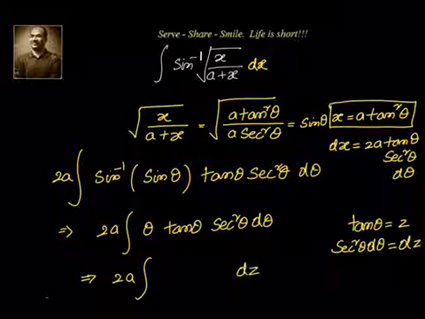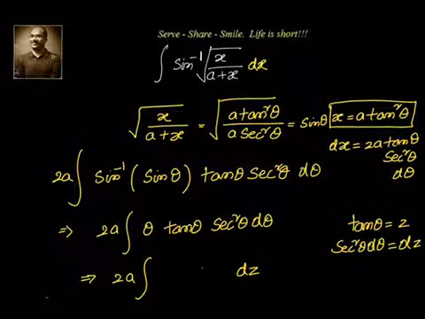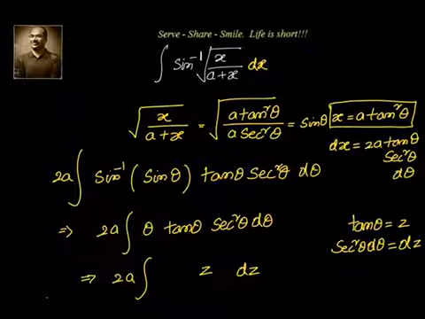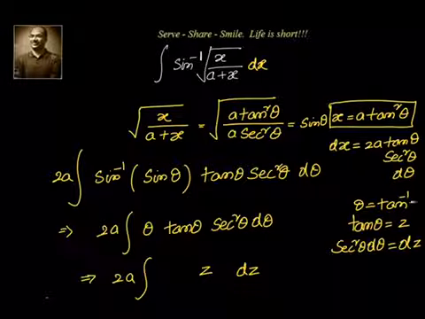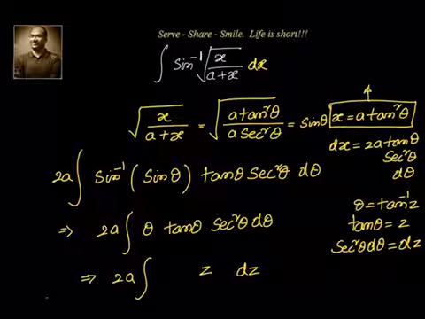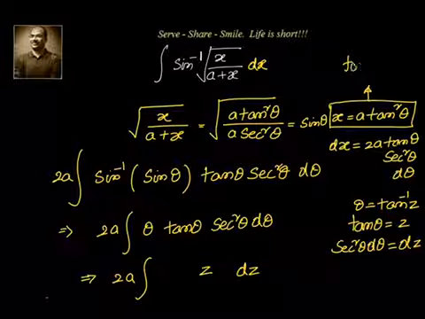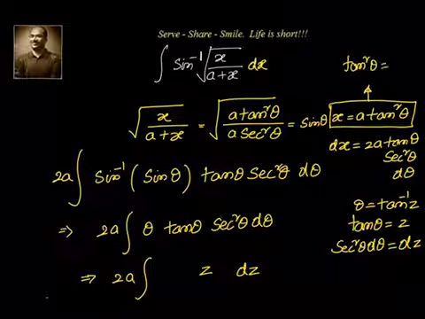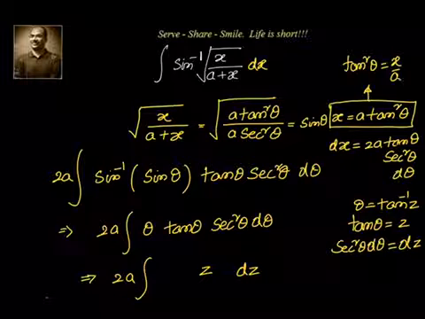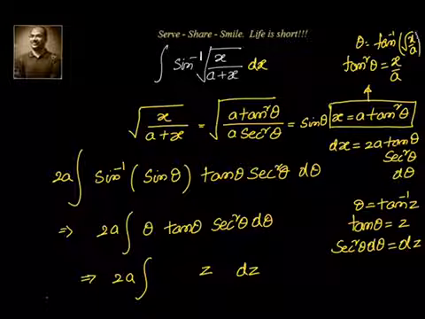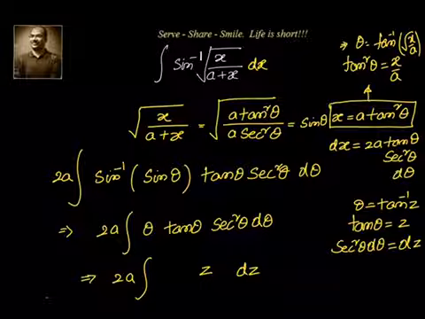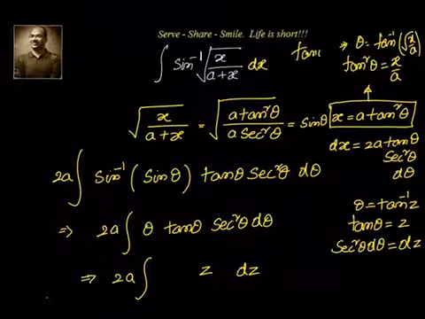So we can write down that tan theta equal to z. And what is theta? Theta equal to tan inverse of z. And from here we know tan square theta equal to x by a, or we can write down tan theta equal to root of x by a.